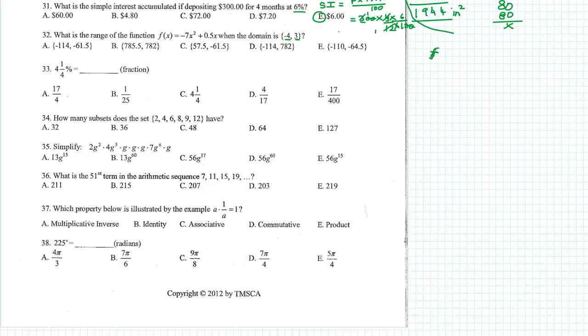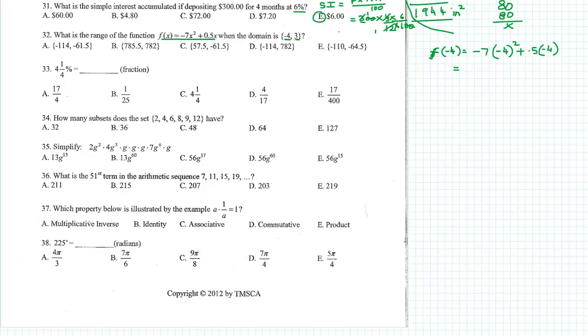f at x is equal to minus 4: f of minus 4 is equal to minus 7, and then in place of x we will substitute minus 4, and then plus 0.5 times again minus 4. So in this equation we are replacing x by minus 4.